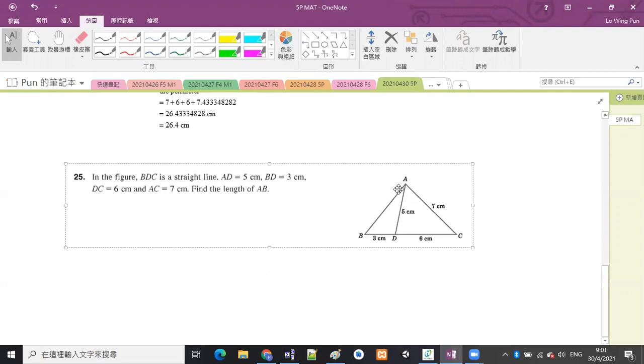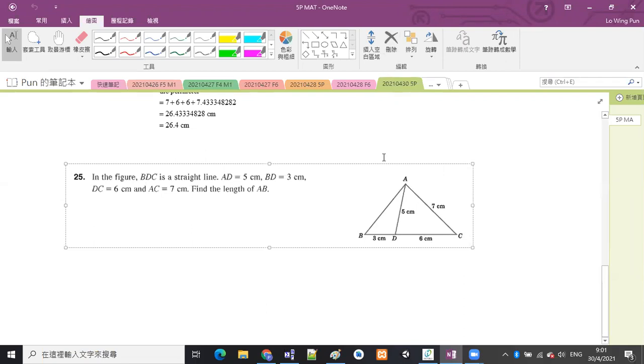Okay, we have two options here, right? But in both options, we do not have sufficient information. In triangle ABD, we only have two lengths, not enough. In triangle ABC, we only have two pieces of information, 7 cm and this BC to be 9 cm, right? Not enough for us to set up an equation.